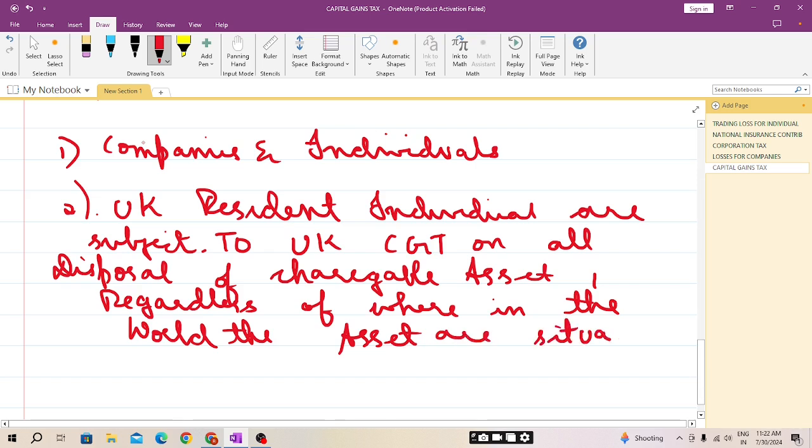I hope this is clear, students. If a person is a UK resident, then the individual will be subjected to UK CGT on all disposals of chargeable assets, regardless of where in the world the asset is. I hope this is clear.